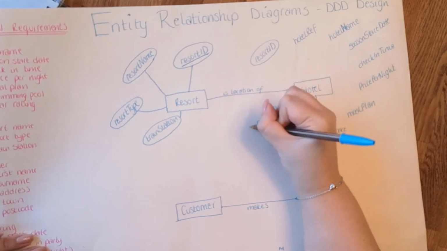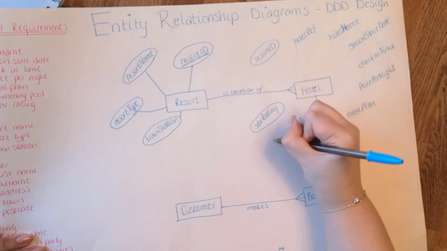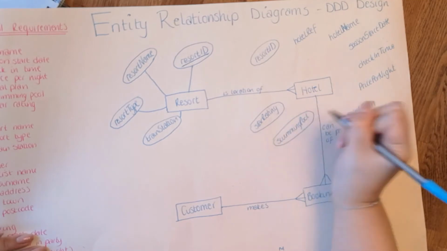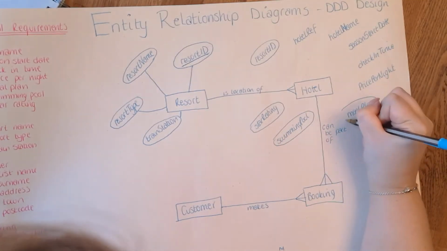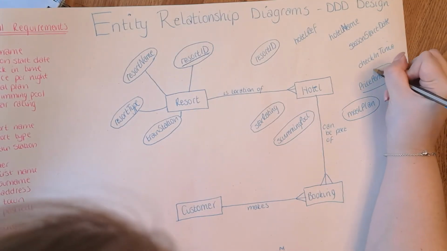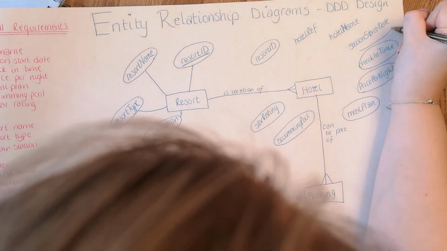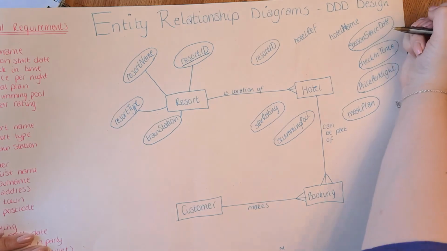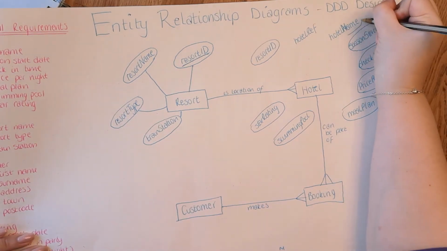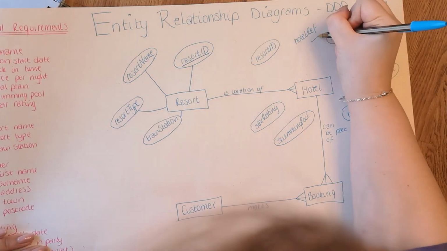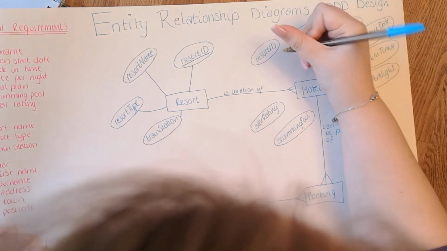So once I've drawn them all in, you put your circles in, or ellipses I should say. Doesn't have to be super neat as long as it's legible, and you're following all the rules. And then join them all up to your entity.